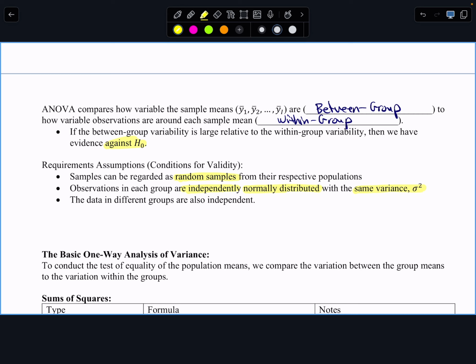If that's not the case, I can't make true comparisons. There are methods to check that. And then observations across groups are independent, or we wouldn't be in the independent case. Those are the assumptions or requirements here.